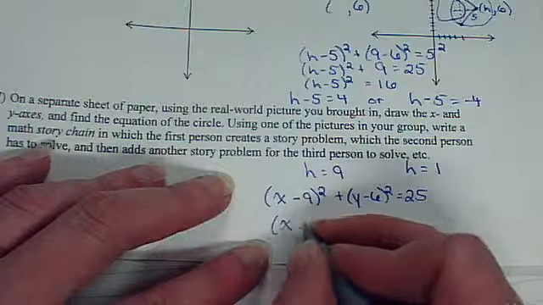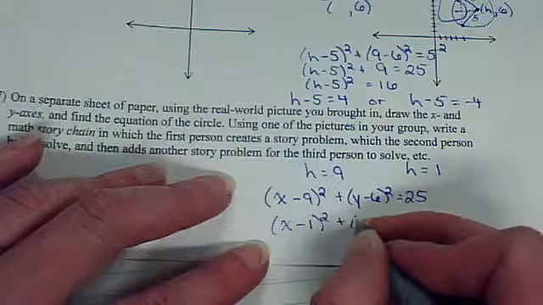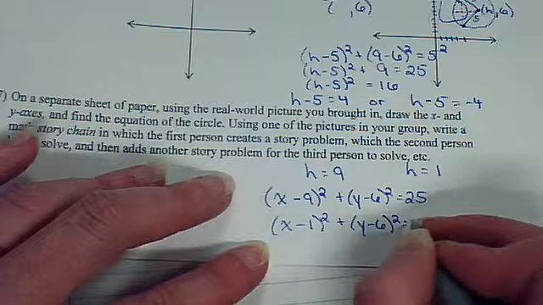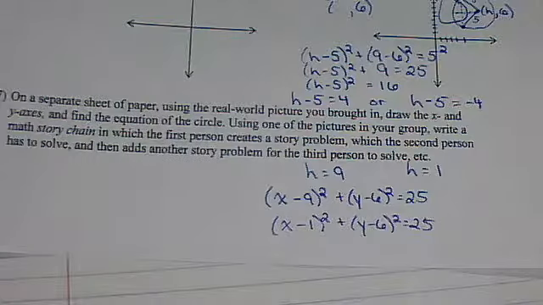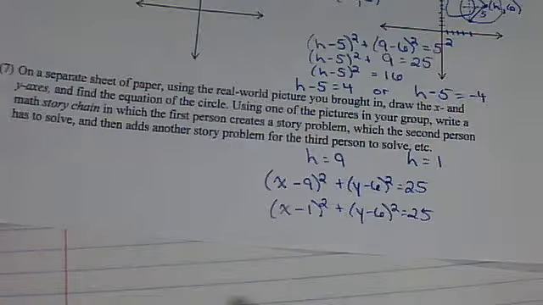The other option is that the center is at (1, 6). So we end up actually with 2 different circles. So that's just a little bit about how you can use some of these properties of circles.